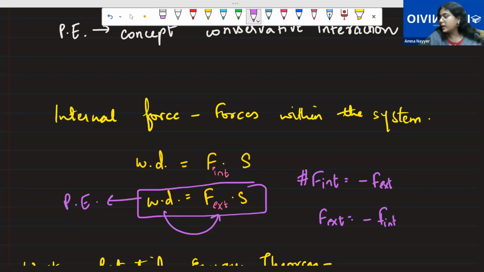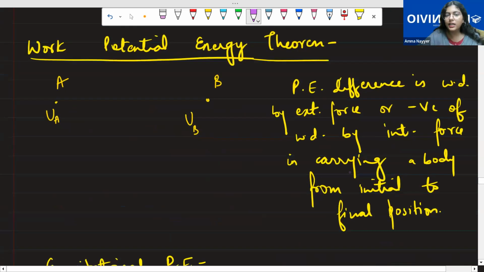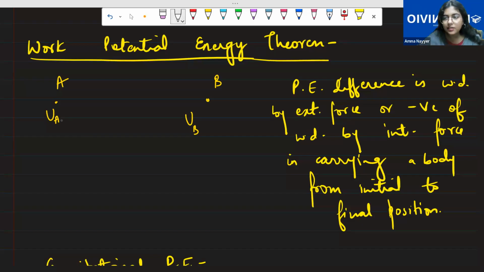Now, the way you had a work energy theorem, work energy is basically the work kinetic energy theorem. There is a work potential energy theorem also. What is that? Let's say there is an initial point A, here the potential energy is UA. There is a point B, here the potential energy is UB. So the change in the potential energy will be UB minus UA.